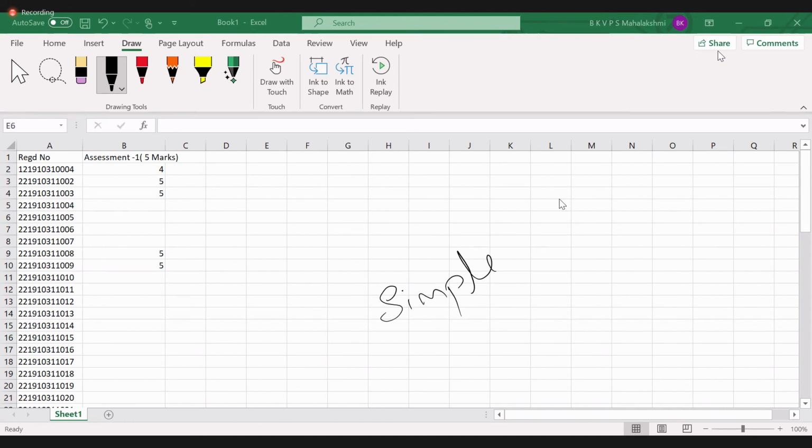For example, a student's phone number, section, roll number, class, age, be it anything.